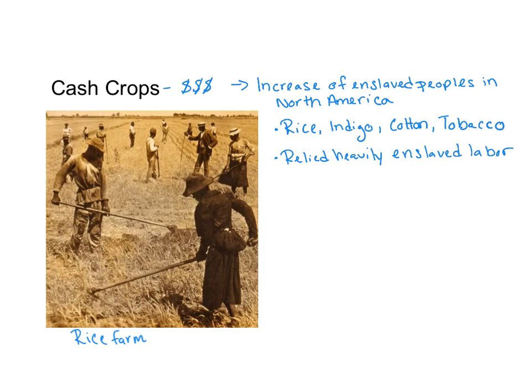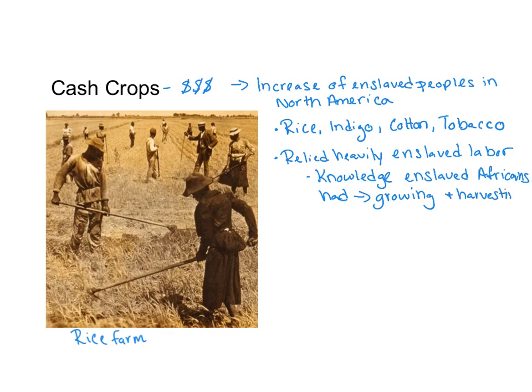but also the knowledge that enslaved people from Africa had about some of these crops. Especially about growing and harvesting rice, which is extremely labor intensive and very difficult.